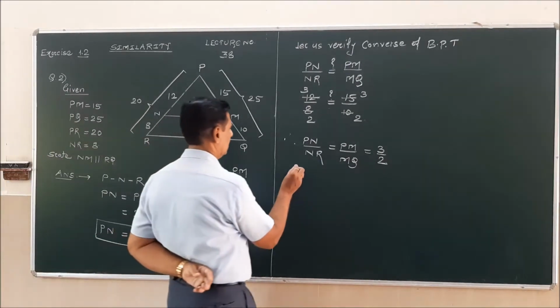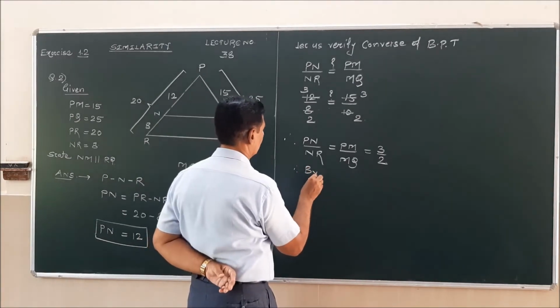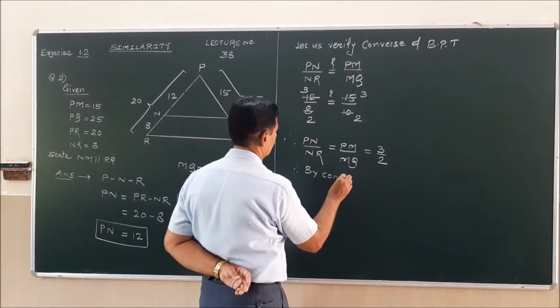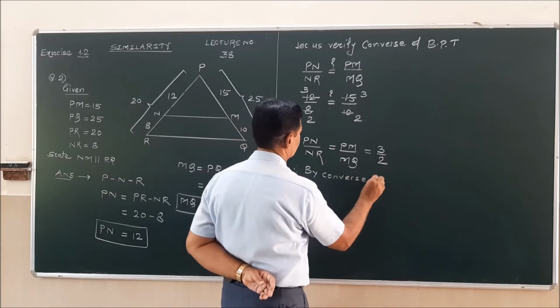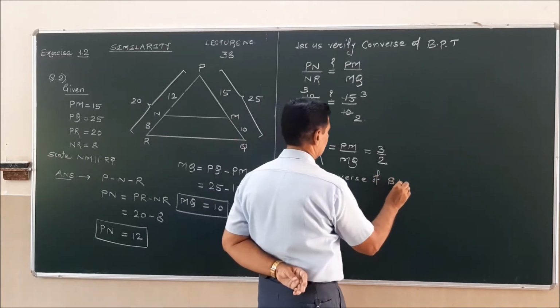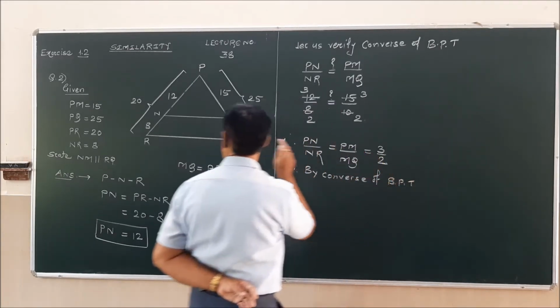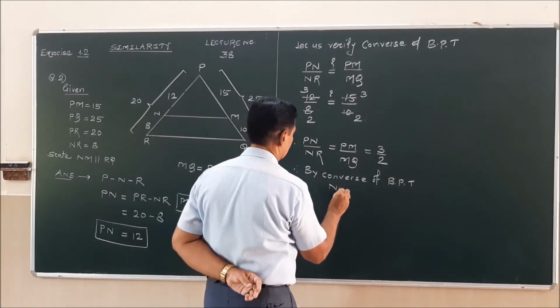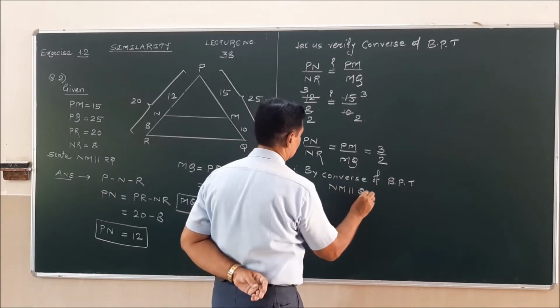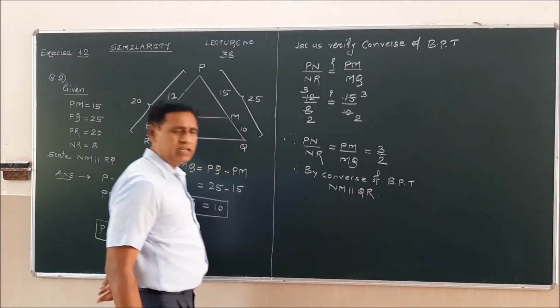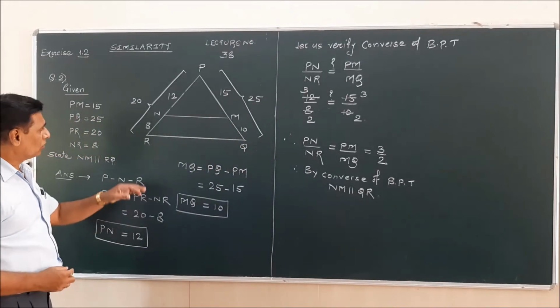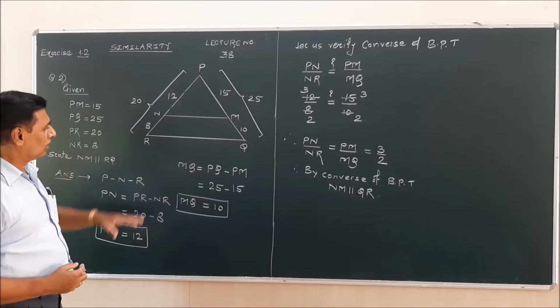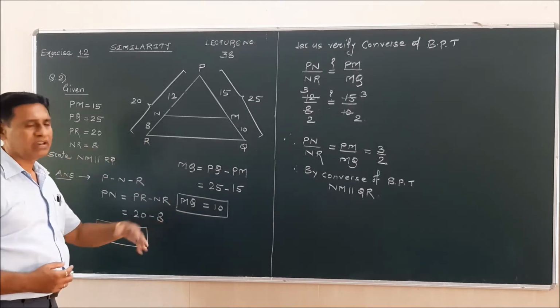Therefore, by converse of BPT, MN is parallel to QR. Very simple, because the only task in the question is to find out the unknown things, PN as well as MQ.